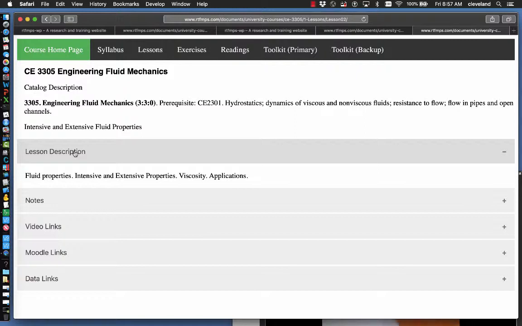We'll also examine the toolkit, which contains the ability to access some of the tables that are presented in the textbook electronically, mostly as a way to enhance the speed of things.